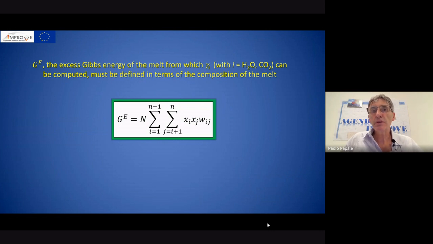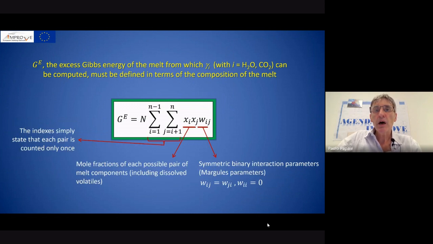That was introduced first in 1895 by Max Margules, and for that reason, the binary interaction parameters are also called the Margules parameters. And this approach to model the excess Gibbs energy of mixtures is called the Margules activity model, or more simply, the Margules model.